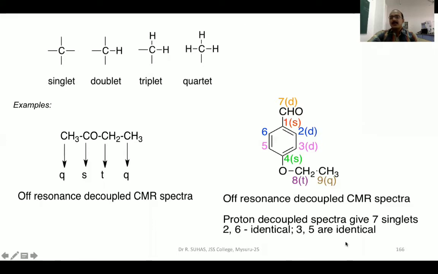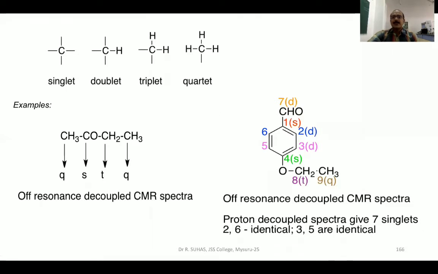Rather, you are going to get 7 singlets, because carbon number 2 and 6, carbon number 3 and 5, are symmetrical or identical. As a result, you are going to get only 1 singlet for these 2, 1 singlet for these 2. So 1, 2, 3, 4, 5, 6, 7. Though there are 9 carbons in this molecule, we are going to observe only 7 singlets here.